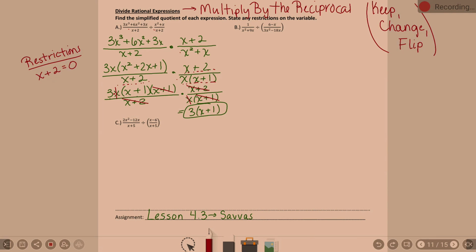X plus 2 is already covered, and then what else do we need to include? x plus 1, and does x matter? It's a variable. So are you with me here? I'm not sure you're happy with me, but are you with me? X cannot equal negative 2, negative 1, and 0.